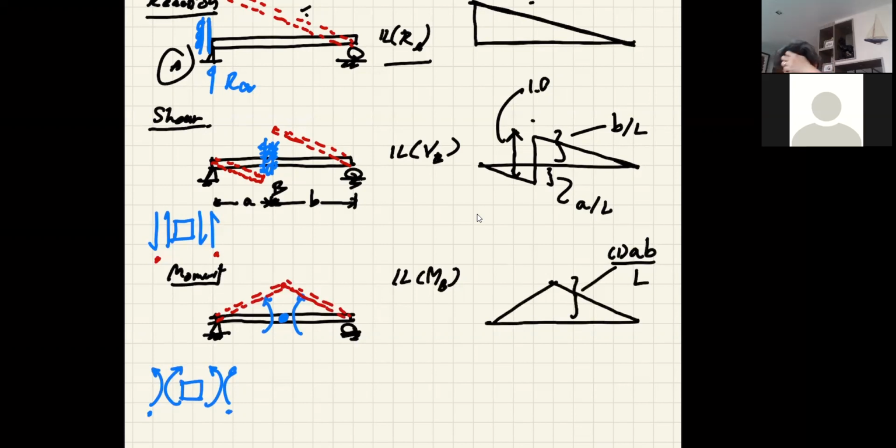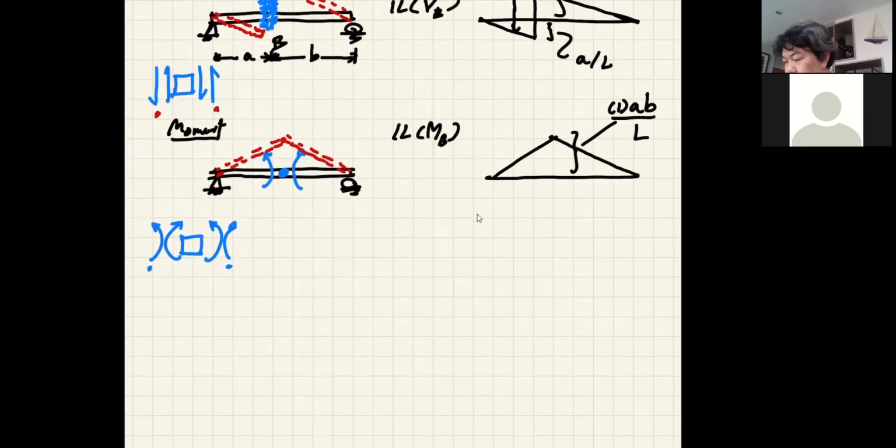So that's basically how we can use Muller-Breslau to obtain the shape of the influence line and use our structural knowledge to calculate the numbers necessary.